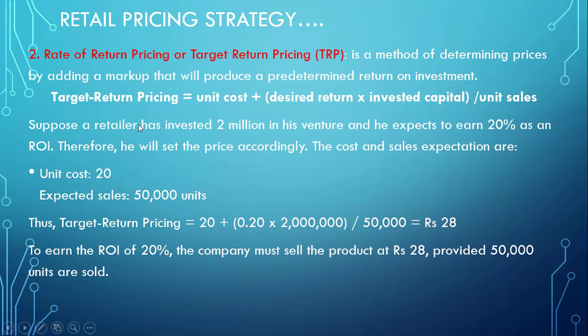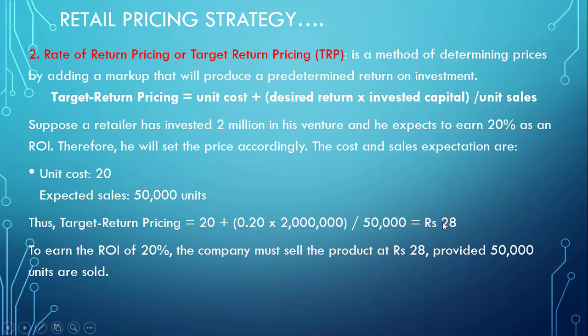When you compute this, let's say a retailer invested 2 million in the retail venture, and he expects a return or an earning of 20%. When you calculate these things, you need the unit cost and the expected sales, of course. When you compute these figures, you will get 28. TRP will be 28.